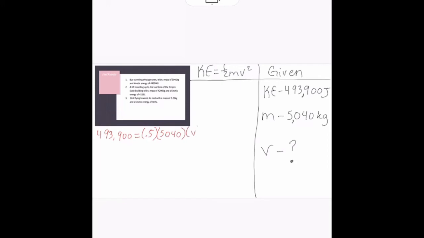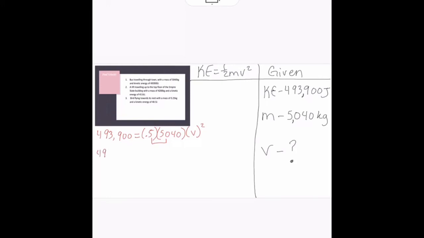And we're looking for our V squared here. All right, so the first thing I'm gonna do is multiply these two together. So I have 0.5 times 5,040.